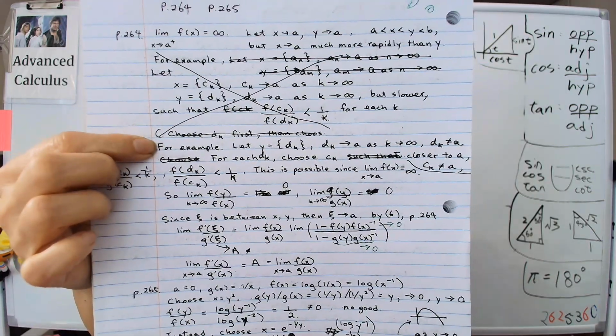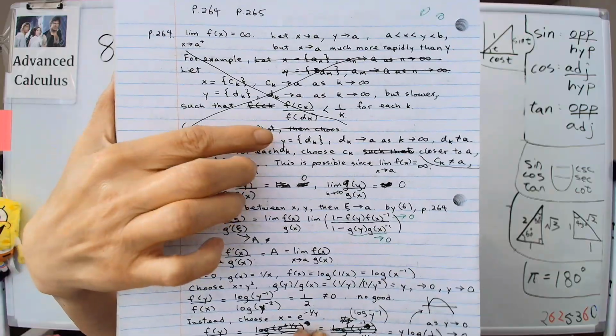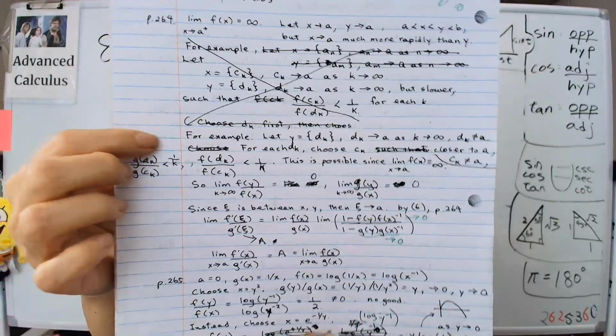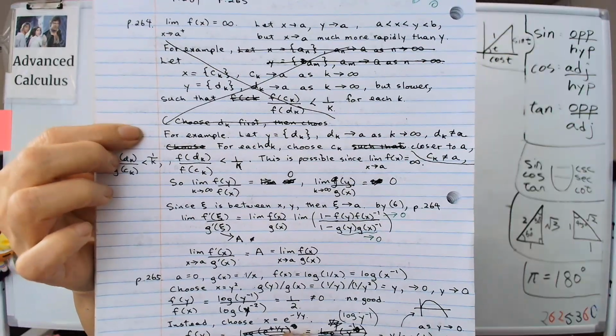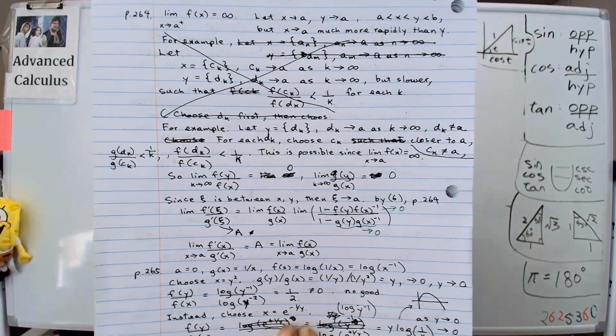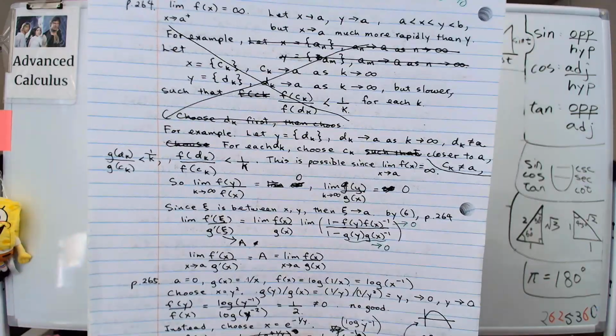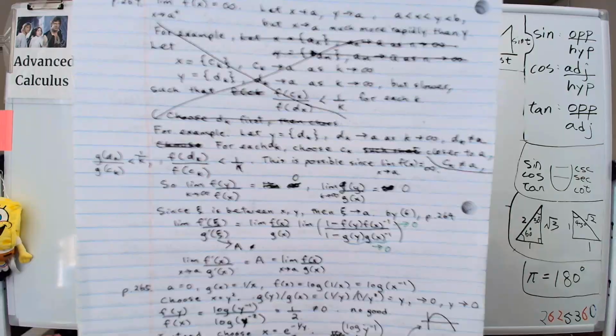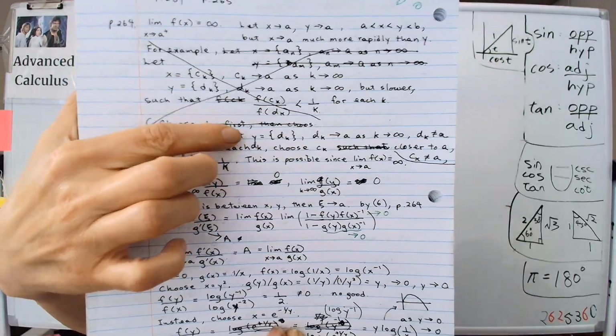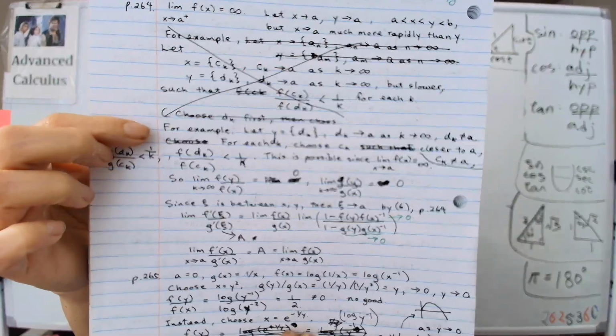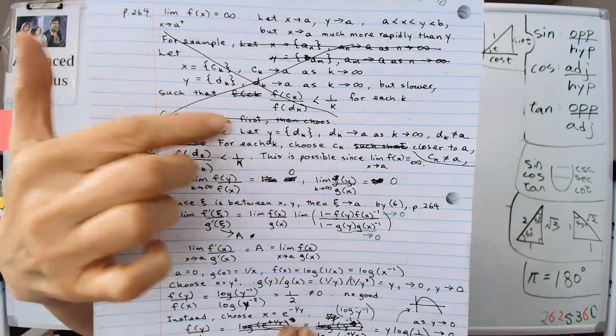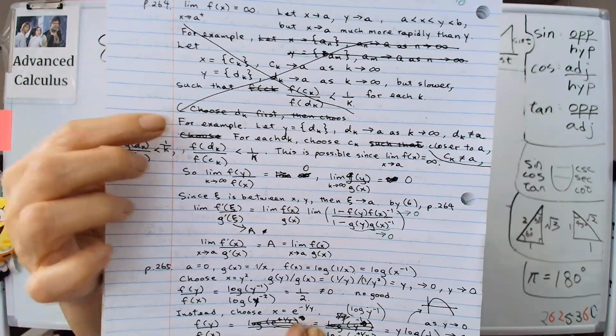One way we can do it is, let's pick a bunch of y's equal to d_k. D is just some variable I picked, and let's say d_k is a sequence that approaches a as k goes to infinity, but d_k is not a. So d_k is a convergent sequence that goes to a as k goes to infinity, but each member does not equal a.